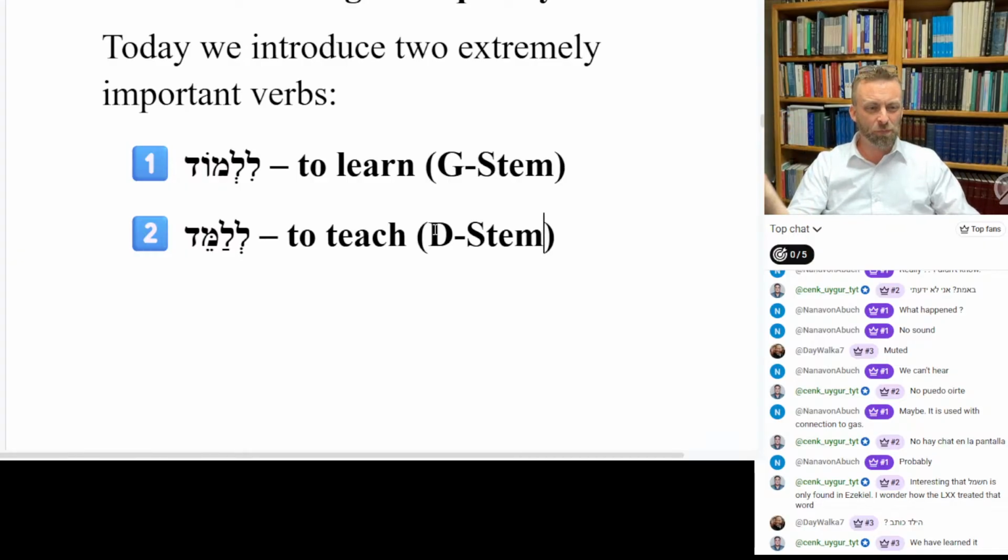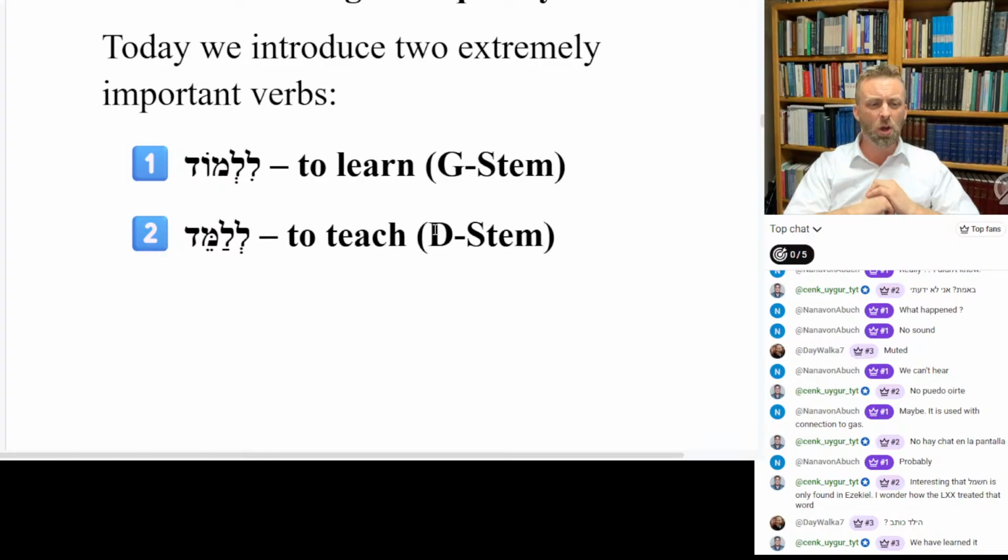And so if we take the verb to learn, lilmod, and we put it into the D stem, what it's doing is it's saying you're making someone do something, okay? Now, this is a bit of an oversimplification, but it's hopefully helping you to at least gain some insight into how the Hebrew verbal system works.